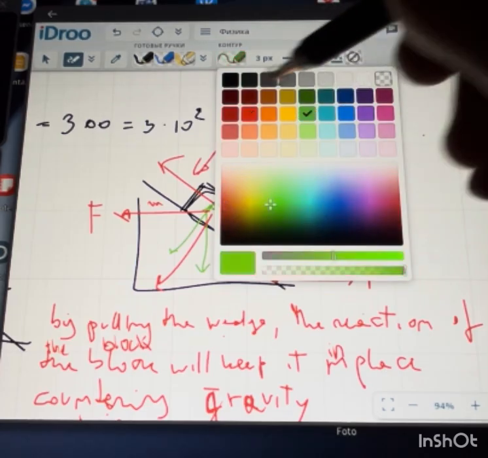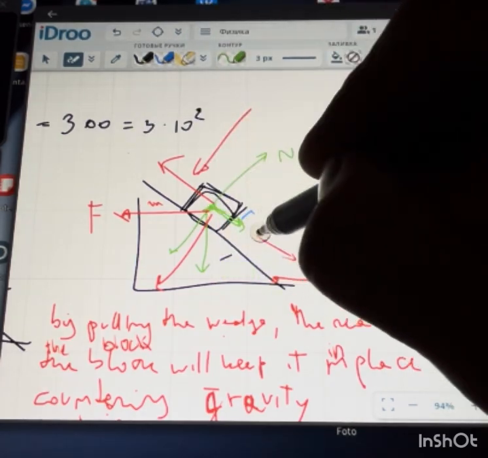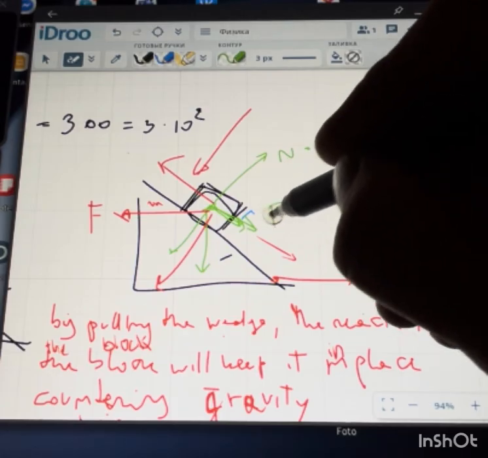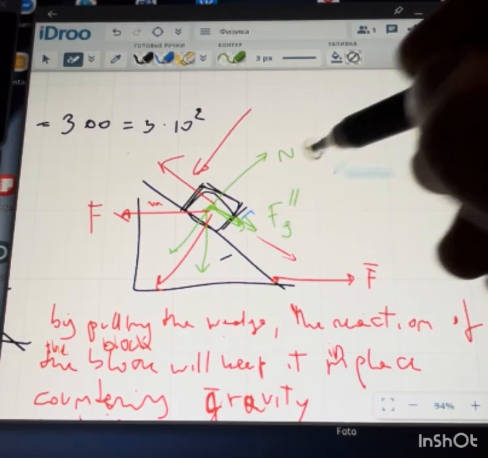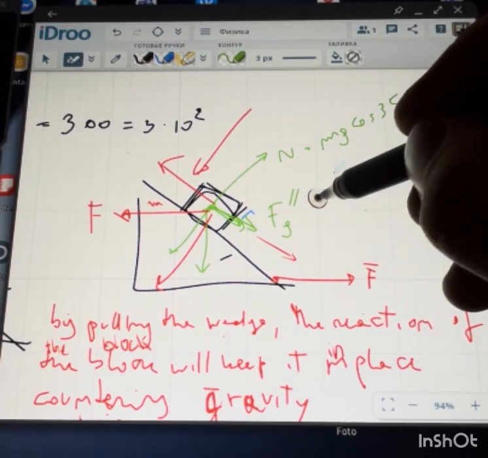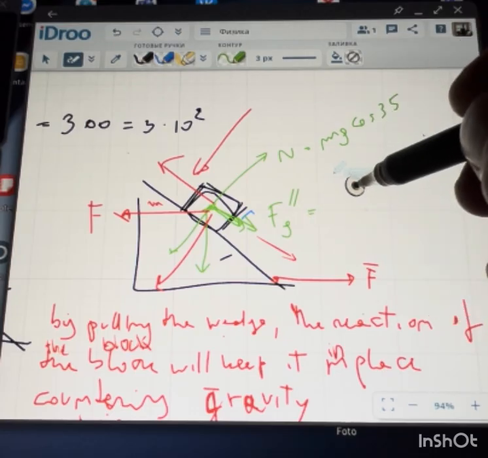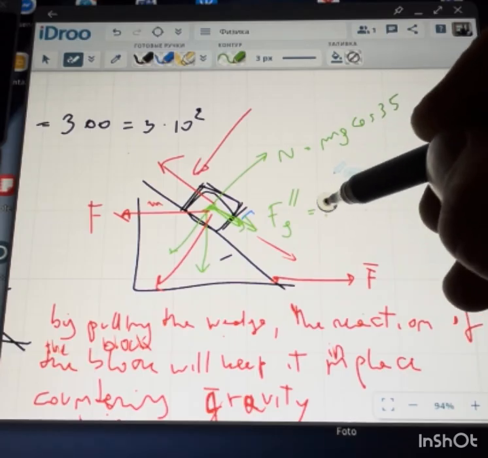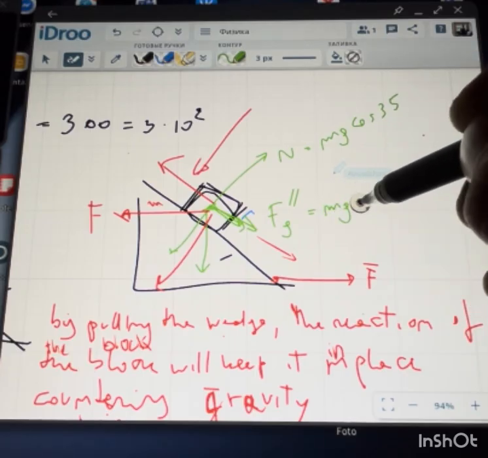Okay, let's go step by step. So how much is this one? Gravity pulling down, let's call it Fg parallel. Then it's negative 9.8 times the mass, times the sine of 35. Correct.